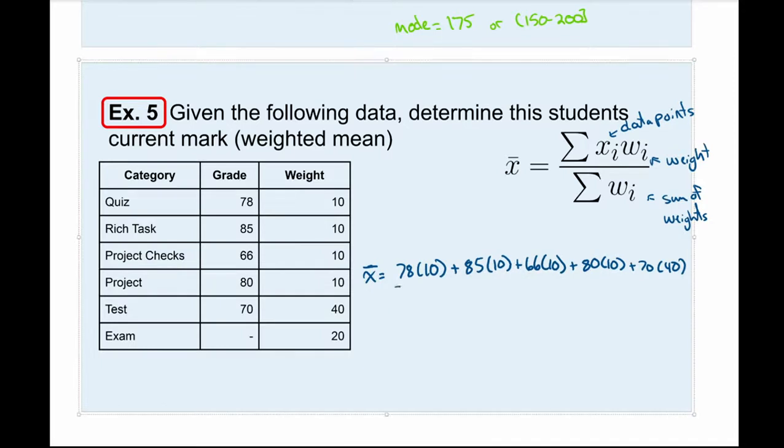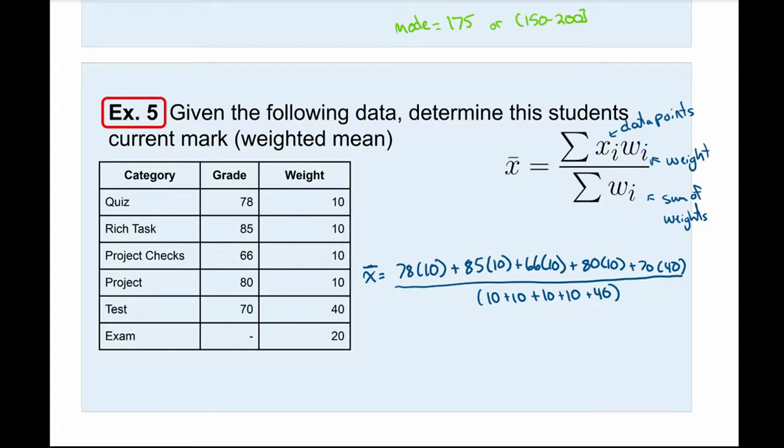Then I'm going to divide all of that by the sum of all the weights, so in this case, 10 plus 10 plus 10 plus 10 plus 40. We're basically saying this is 80%.